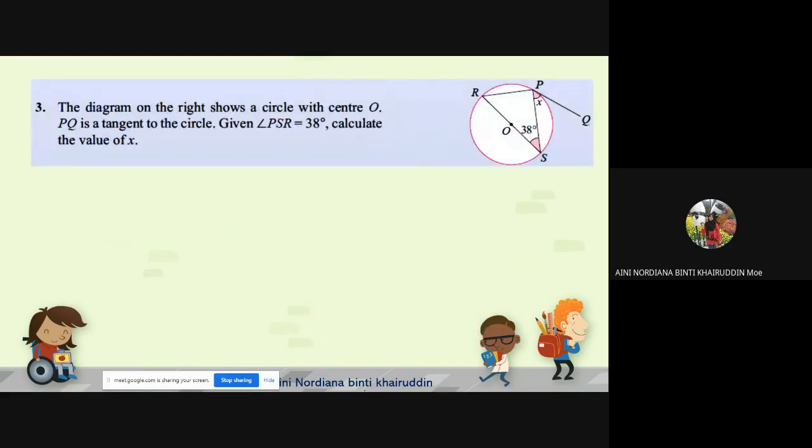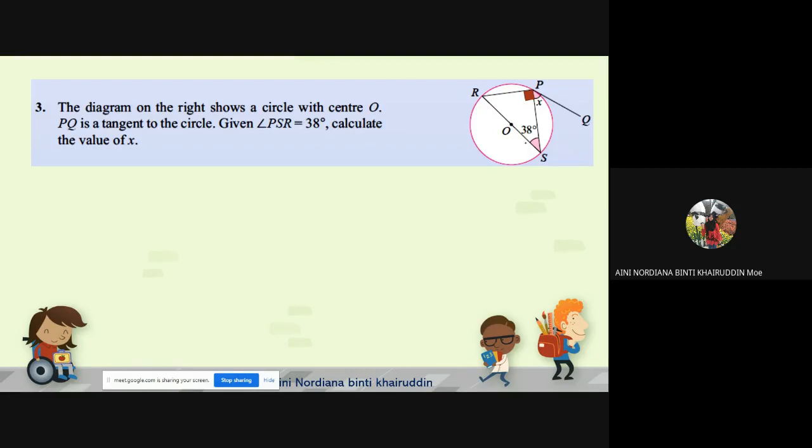Next, question number 3. The diagram on the right shows a circle with center O. PQ is a tangent to the circle. Given that angle PRS equals 38, calculate the value of X. So how to calculate the value of X? First, you know that this is 90 degrees because ROS is diameter.